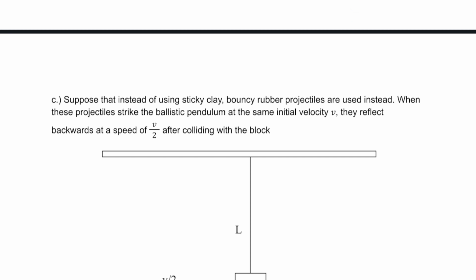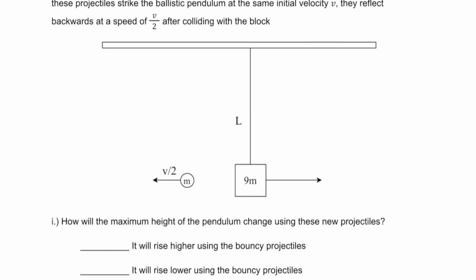Suppose that instead of using sticky clay, bouncy rubber projectiles were used instead. How will the maximum height of the pendulum change using these new projectiles? Okay, so we should think about this once again with a momentum approach. So we know that before the collision, the sum of the momentum of the system is to the right.